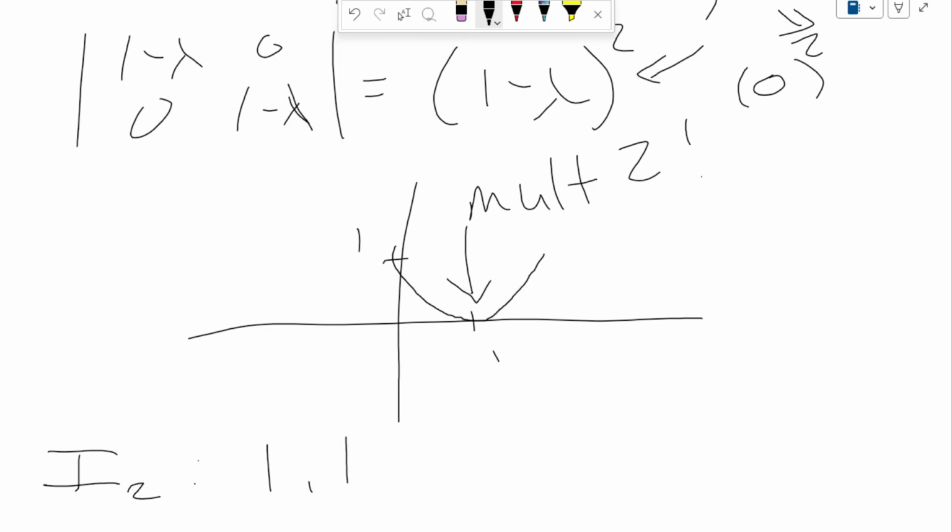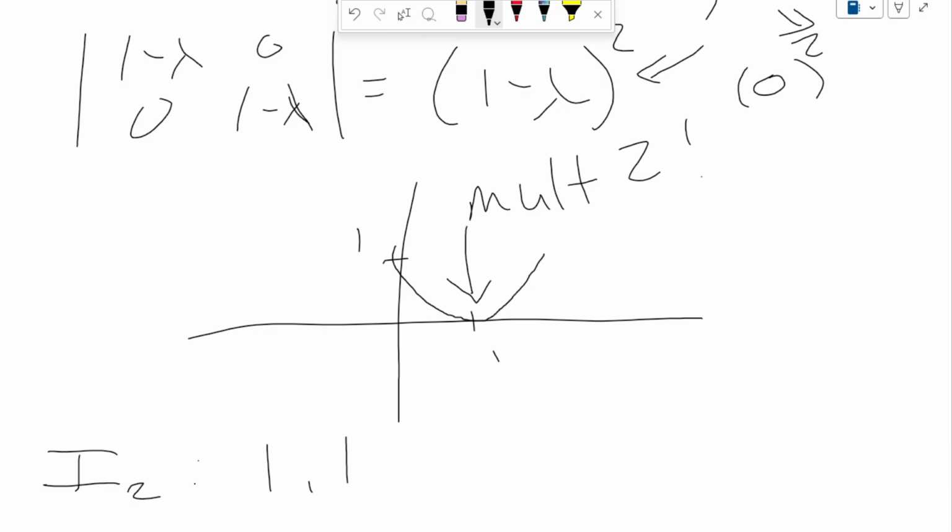And so in general, a polynomial of degree n will always have n roots, and those roots are going to be the eigenvalues of your matrix.